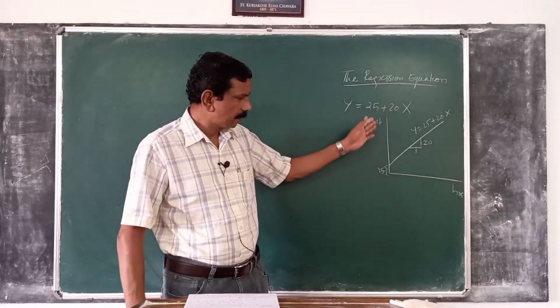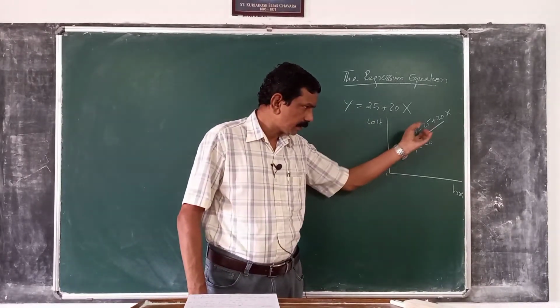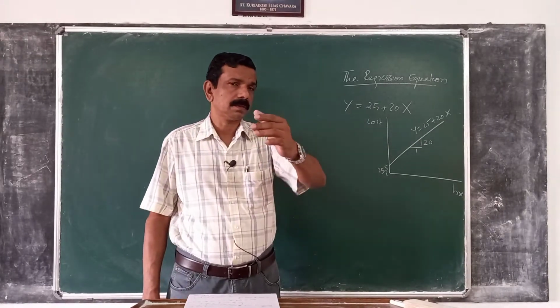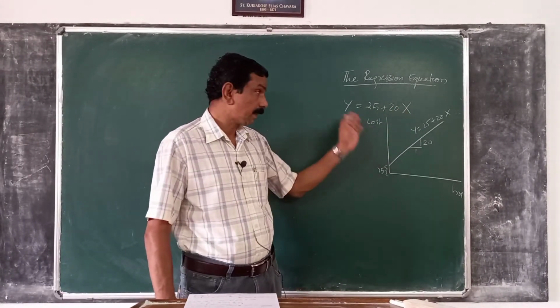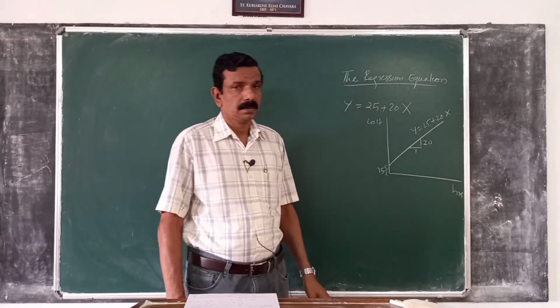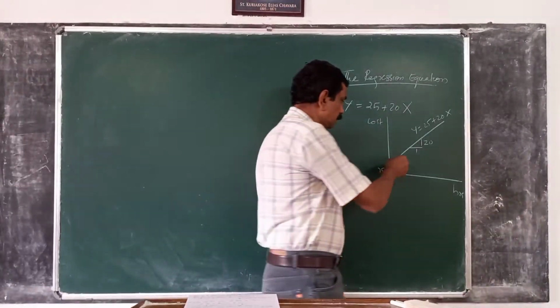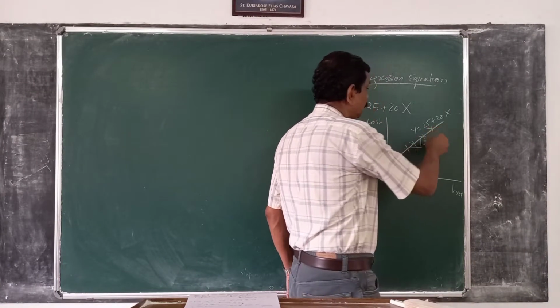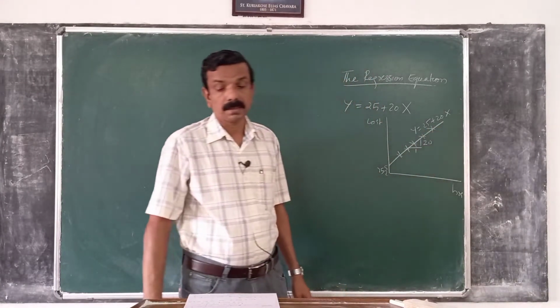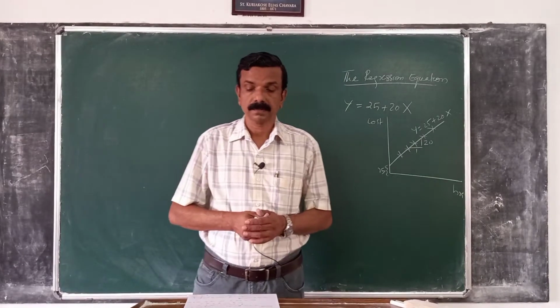So you may not be able to obtain such an exact relationship between cost and number of hours. This is an exact relationship. All the points lie on this straight line. So exact predictions are not possible. We have to make rough predictions.